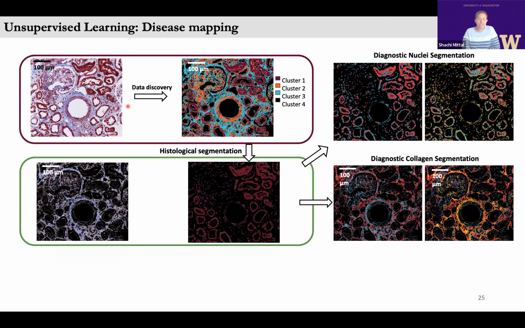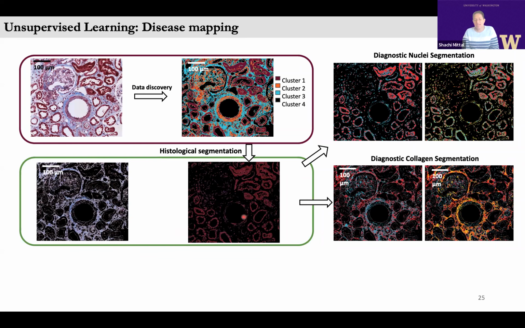Now this image on the left here is a different type of image. It's no longer an H&E image. This is called a trichrome blue image, which stains different components of the kidney tissue. And this is a clustering algorithm output where it's able to highlight 4 different components of this tissue, which then we can segment and isolate all the collagen from this tissue and all the epithelial cells from this tissue.